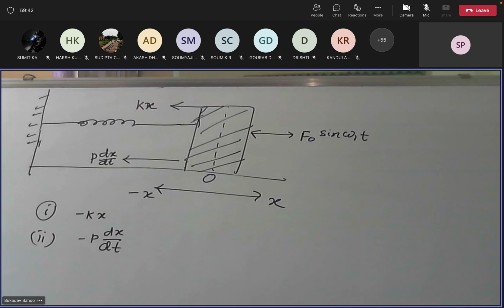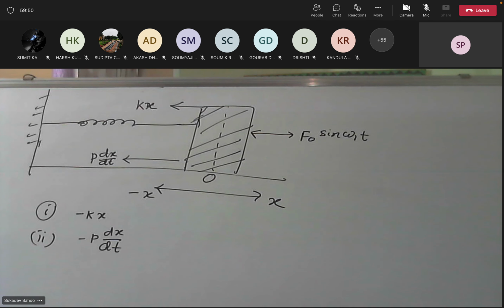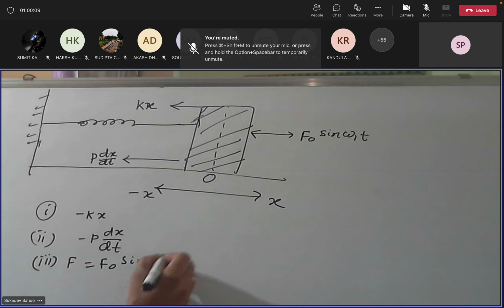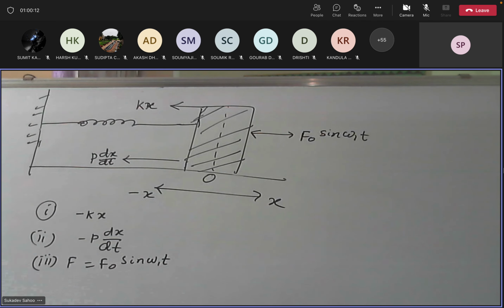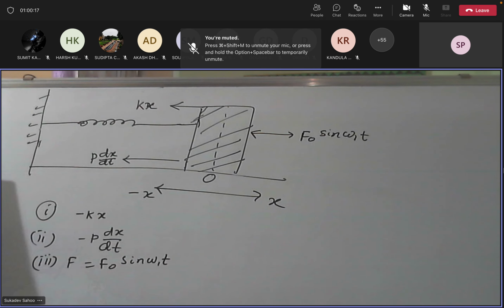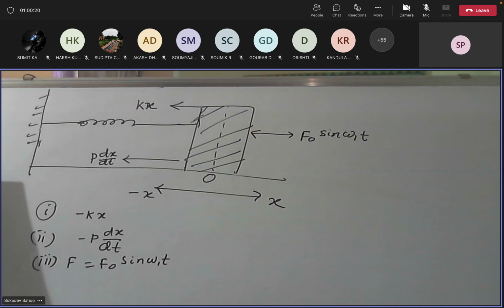And already we have discussed in case of damped oscillation, this relation holds good for small velocity of the body. And the negative sign indicates the force opposes motion, that means which tends to reduce the velocity. And there is the external periodic force, that is F equal to F0 sin omega 1 t. So these are different forces acting upon the body. So now we can say the net force acting upon the body.